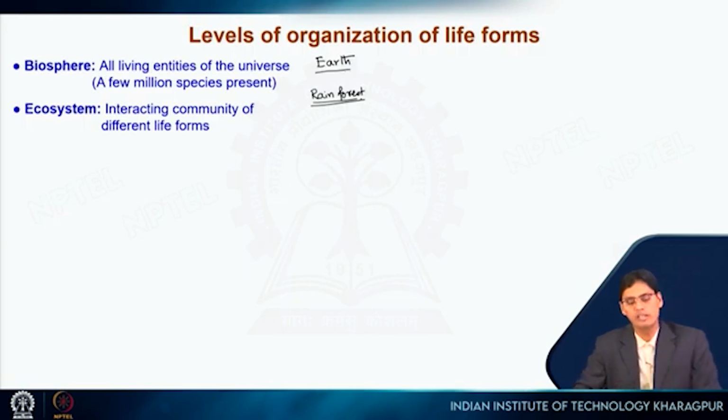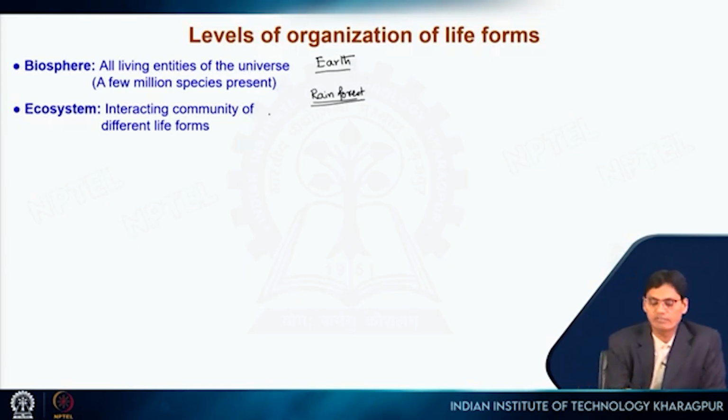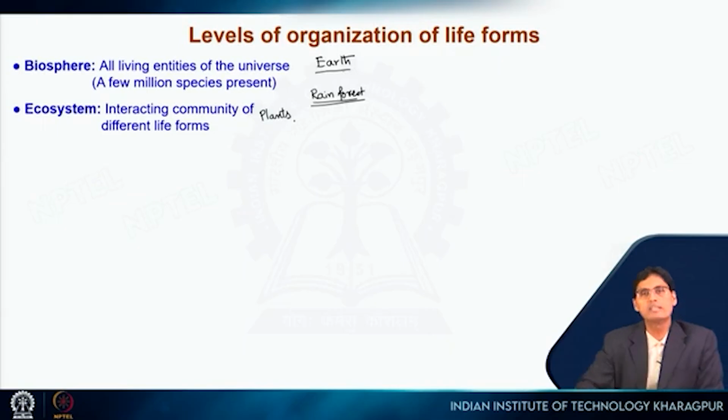Now in a rainforest ecosystem, you have different types of plants, right? It can be trees, it can be some small grasses. Now there are insects depending on these plants, eating some of those plants.